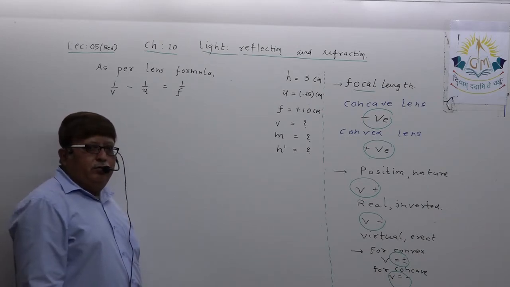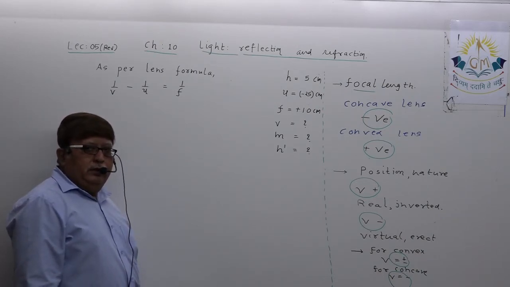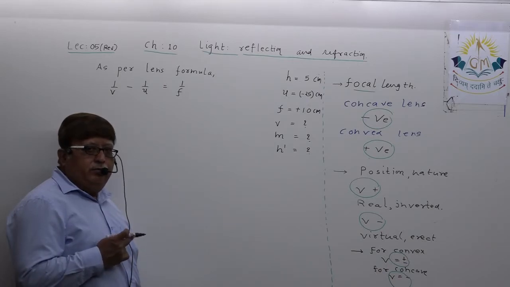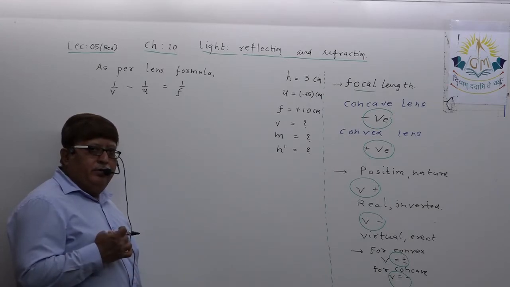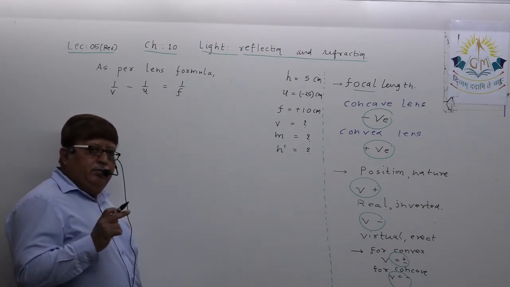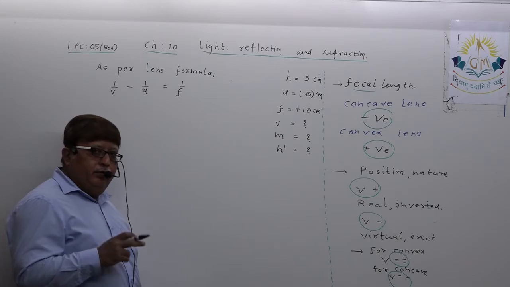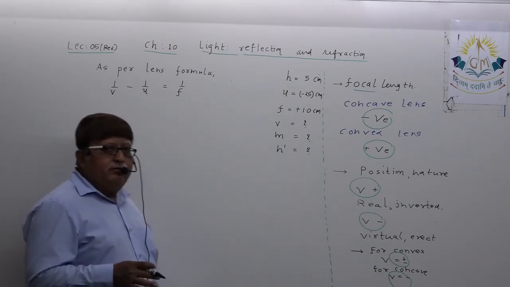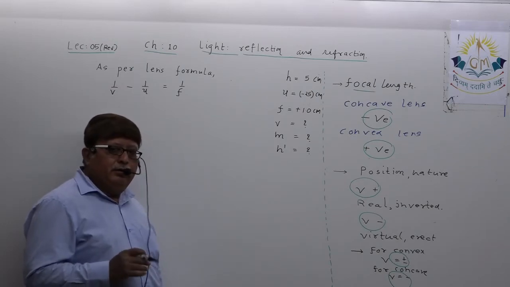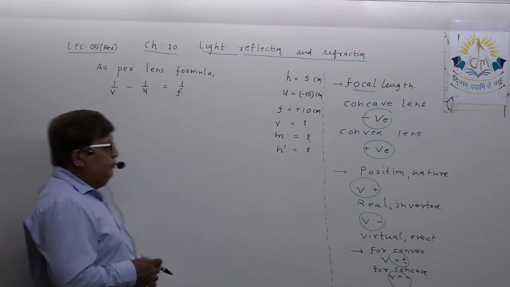Ultimately, before solving the example, you should be clear, dear student, because it is convex lens, v has to come negative, m has to come positive. It has to be extremely clear in your mind.